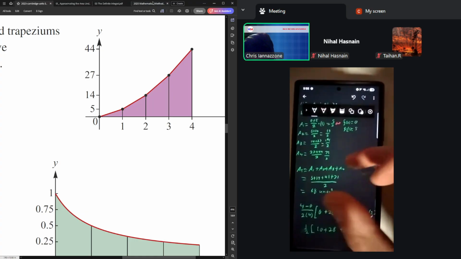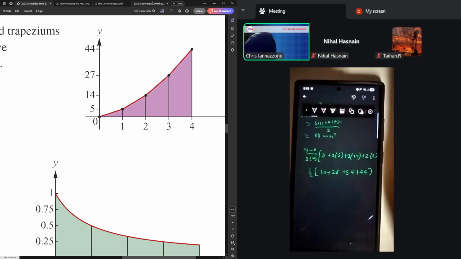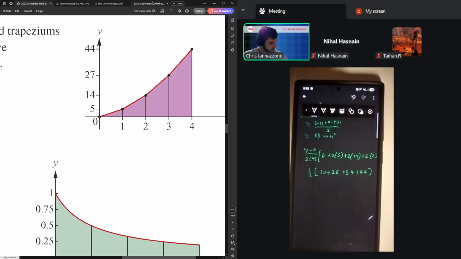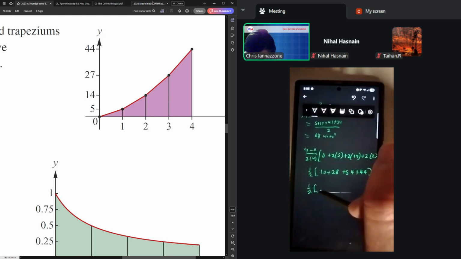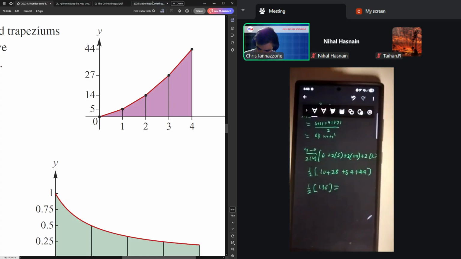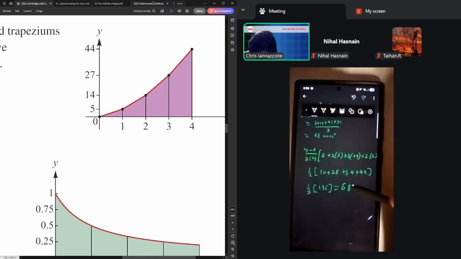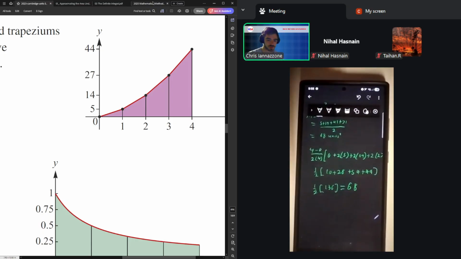Or at least that's what you would get from all of those. I'll just quickly cast that all out. 10, 28, 54, 44 gets us 136, and then we're finally dividing that by 2 because of that coefficient of a half. 136 divided by 2 once again gets us to 68. So that's the formula sheet version.